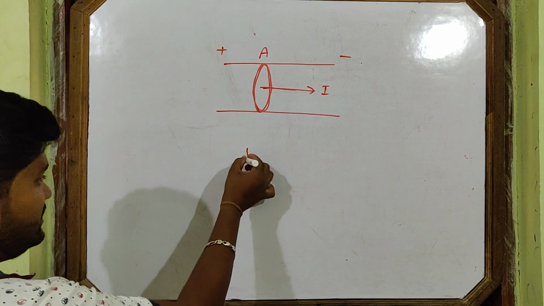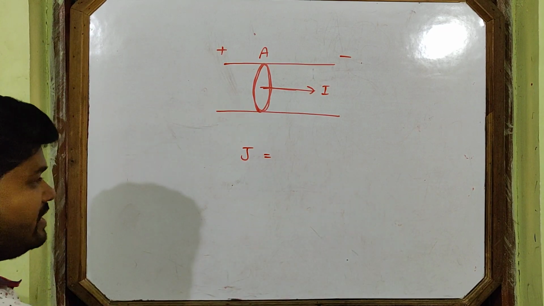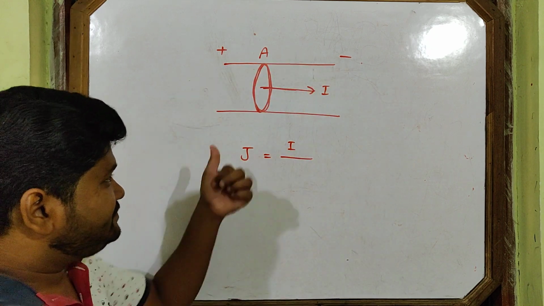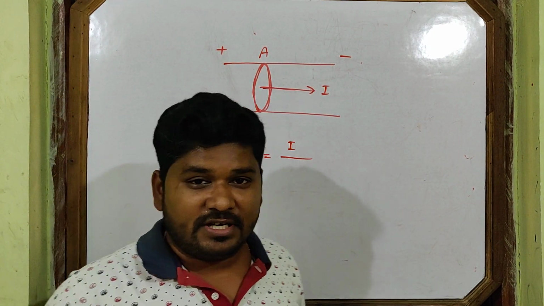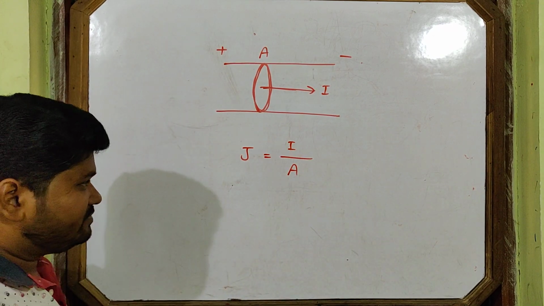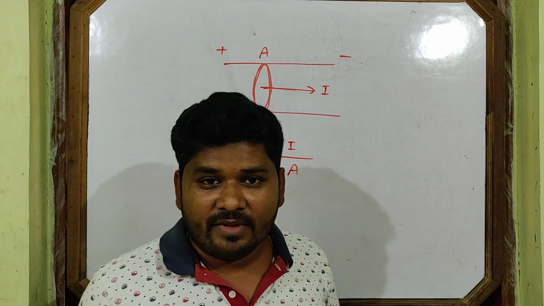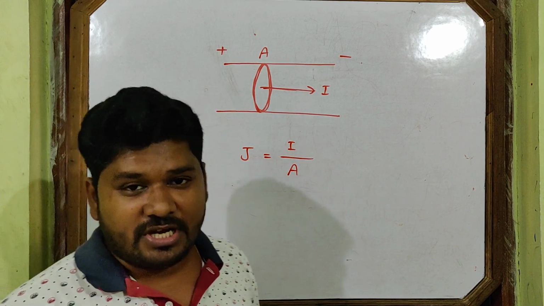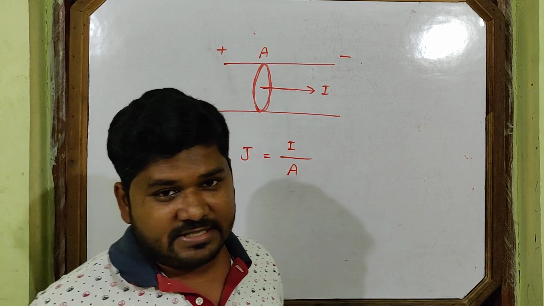Its symbol is J. J is equal to the current passing through the conductor divided by the area of cross section through which it passes. J equals I by A.